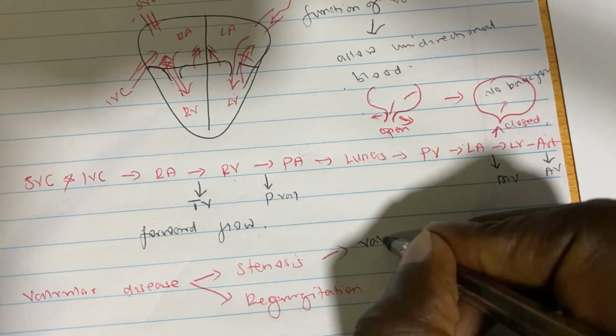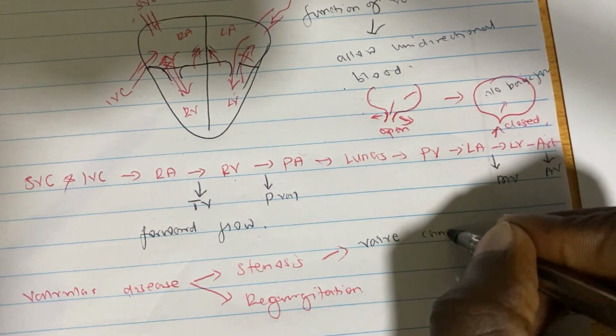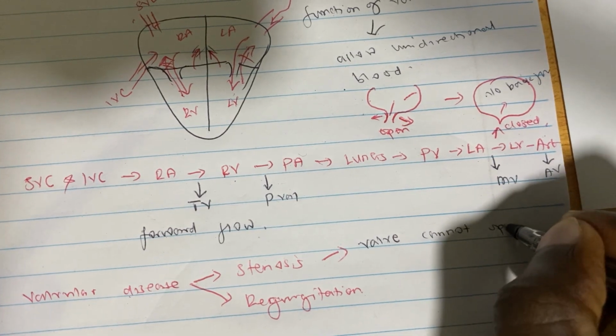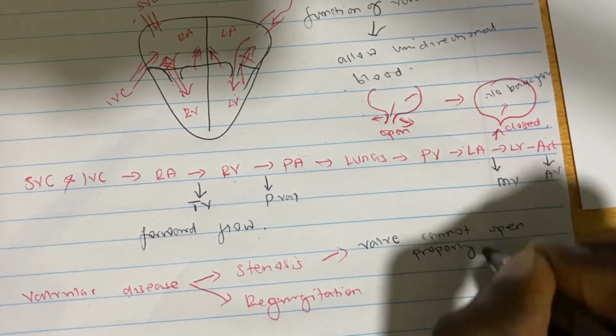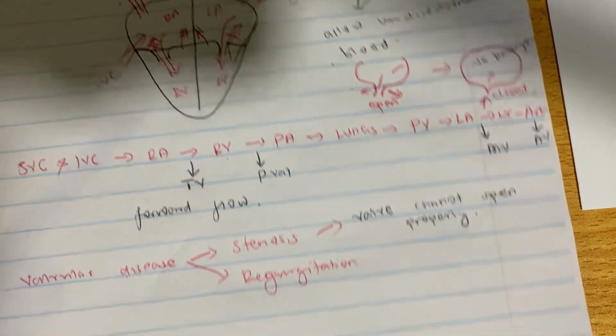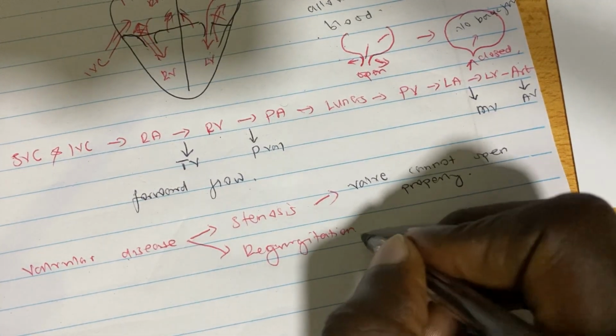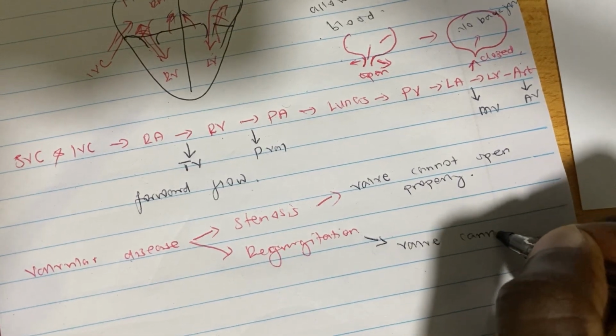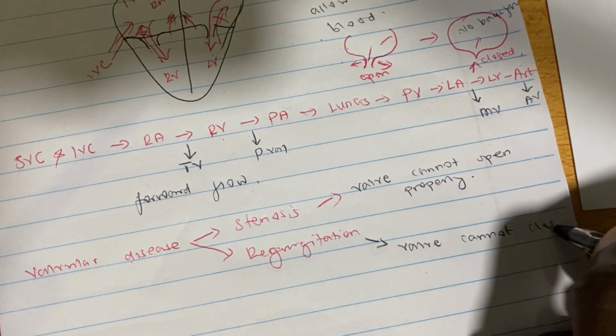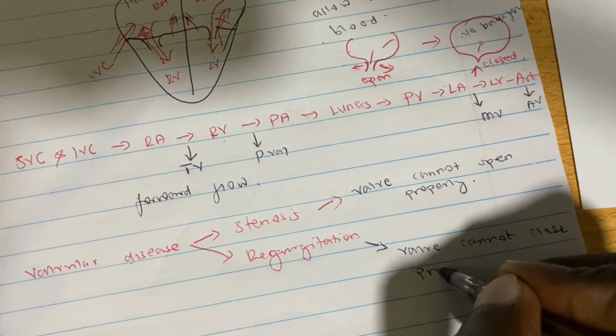In one case the valve cannot open properly. That is stenosis. And here the valve cannot close properly.